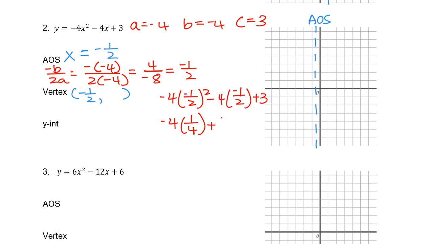That'd be 4 over 2 plus 3. Because you put 4 over 1, and 4 over 1 here too. How do you do the fractions?